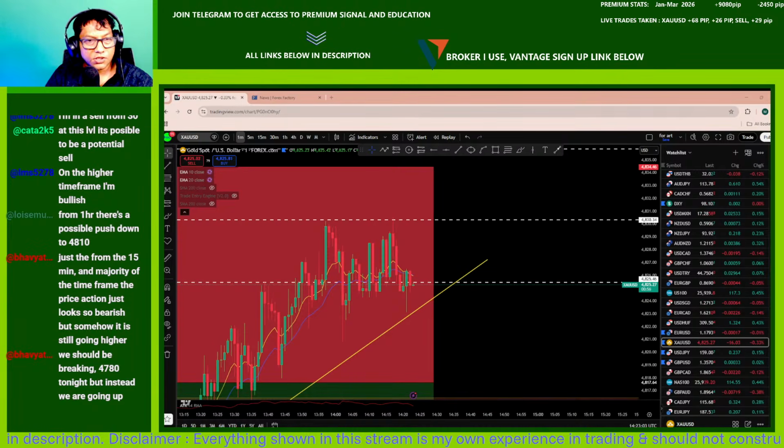Okay, so just the form 15 minutes and the majority of the time frame, the price action just looks so bearish, but somehow it is still going higher.